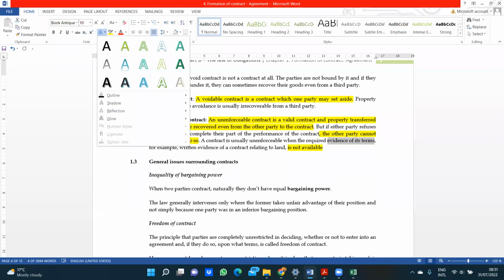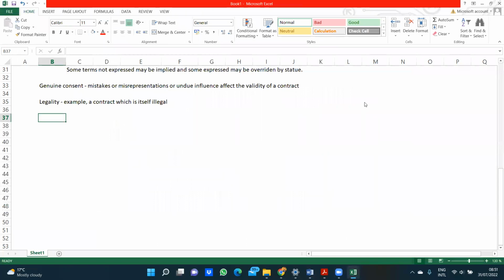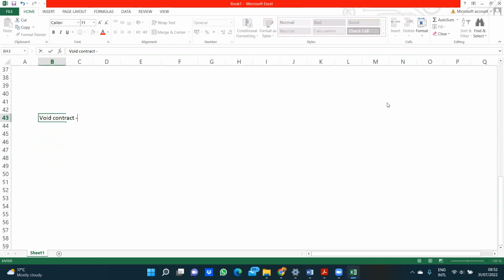So, just to summarize it here, a void contract. So again, a void contract is what? A contract which is not a contract at all.